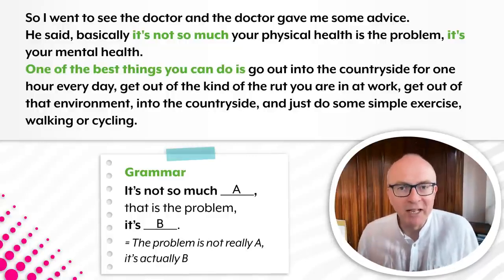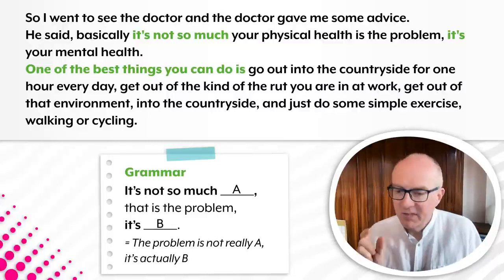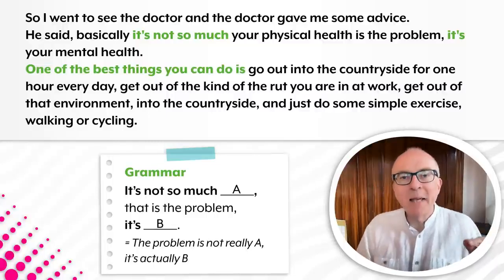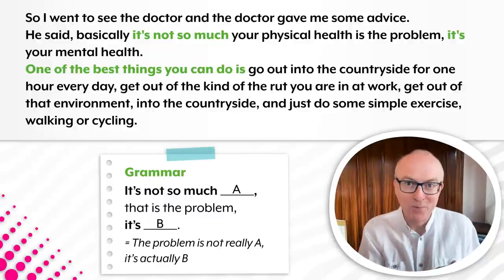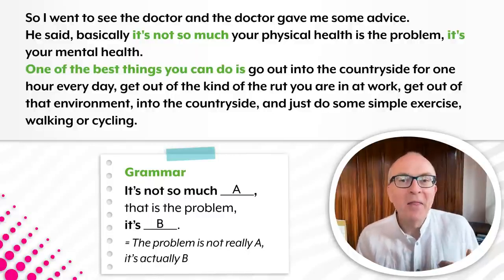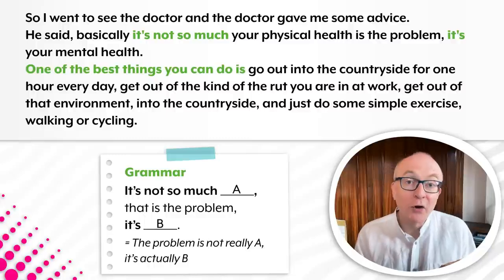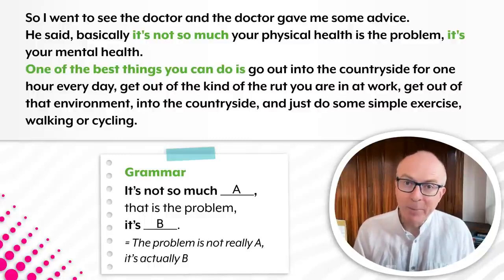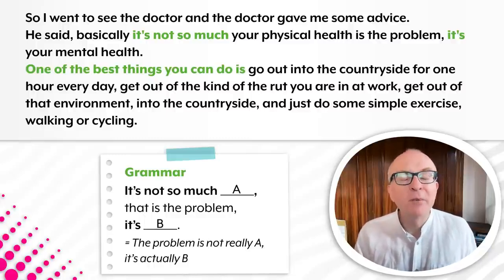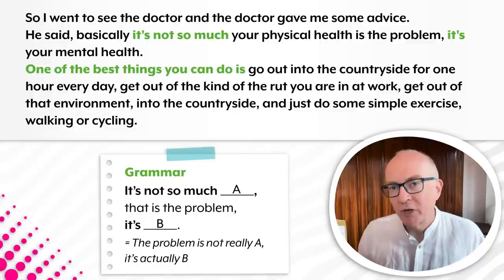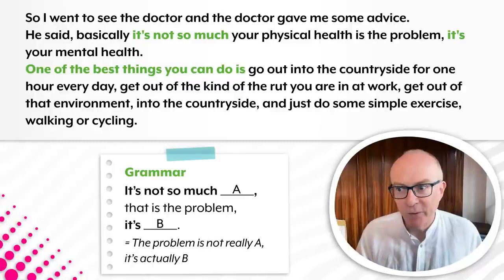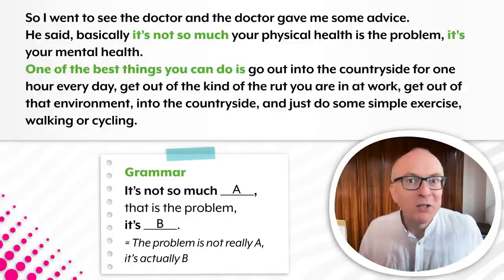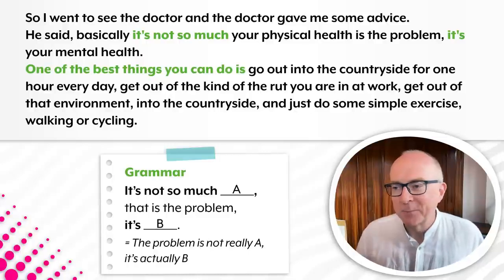So really you're saying the problem is not A, it's B. But we can make it more emphatic, right? It's not A that's the problem, it's B. And then much more natural, it's not so much A that's the problem, it's B. Lovely, simple structure. You can use it in many contexts, not only to talk about problems, but here, let's just focus on talking about problems, which is really useful in IELTS speaking.